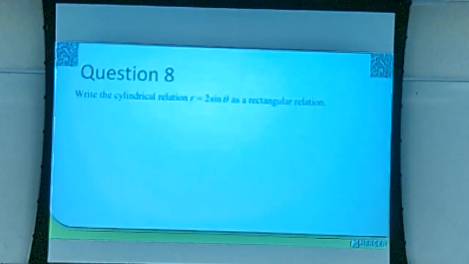Cylindrical, r equals 2 sine of theta, as a rectangular. What's r?